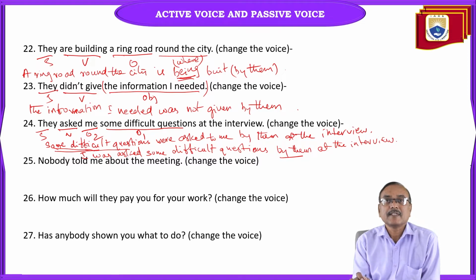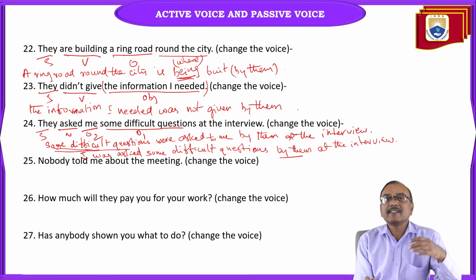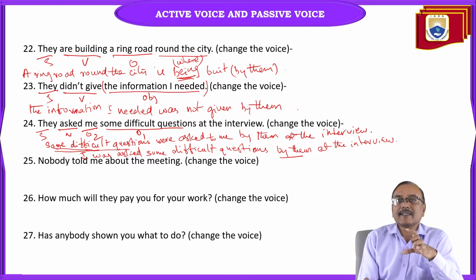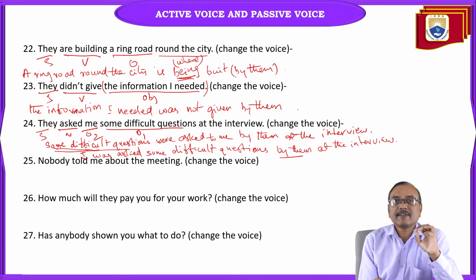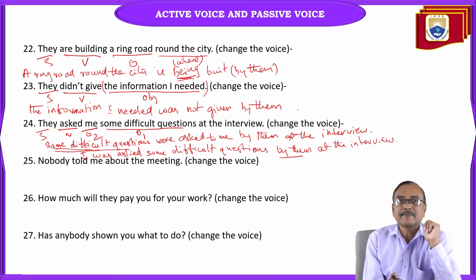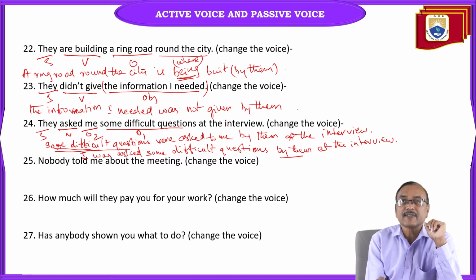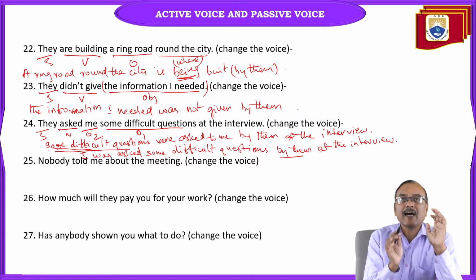Clear now? So first you have to identify. If there are two objects here, you can change the sentence into passive voice in two ways. First one is with the help of direct object. What is the direct object? First you make a question like this. They asked me some difficult questions at the interview. In this one, what is the verb? Asked. Who asked? They asked. When you say they asked, what is the first question you get?